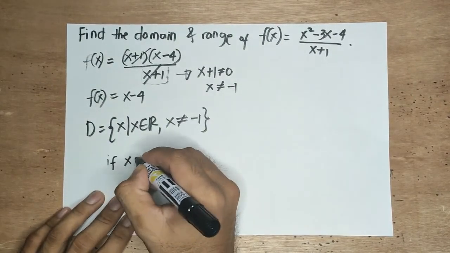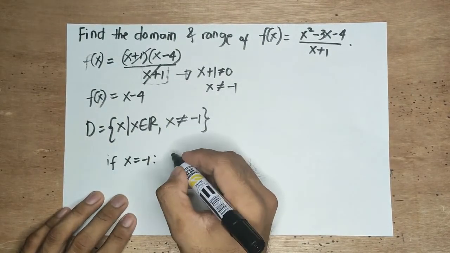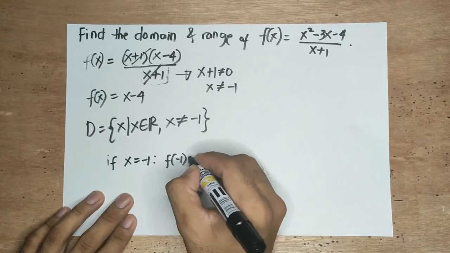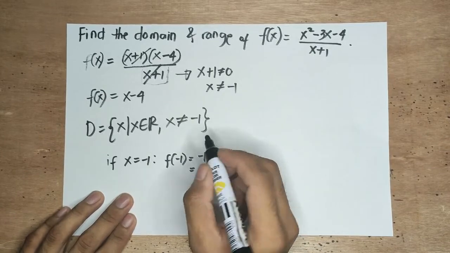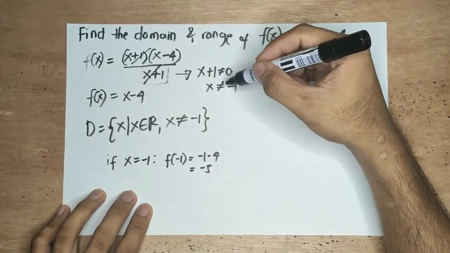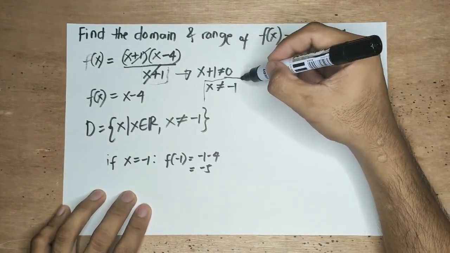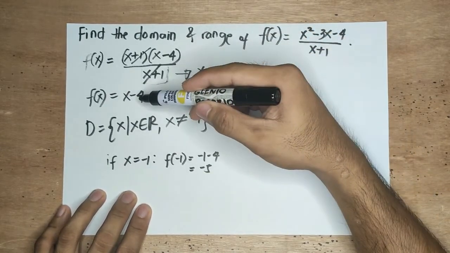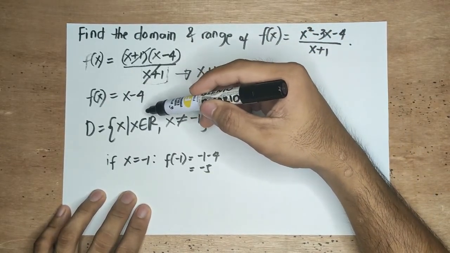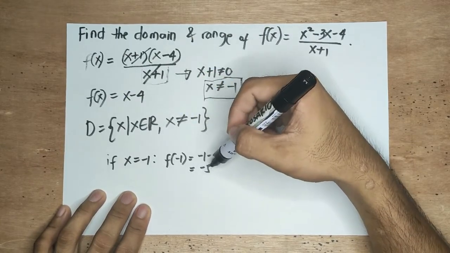If x is equal to negative 1, then we have f of negative 1 is equal to negative 1 minus 4, or this is negative 5. Since hindi allowed yung value na ito, syempre if we try to substitute this kay function, imposible din or hindi din magiging allowed yung negative 5.